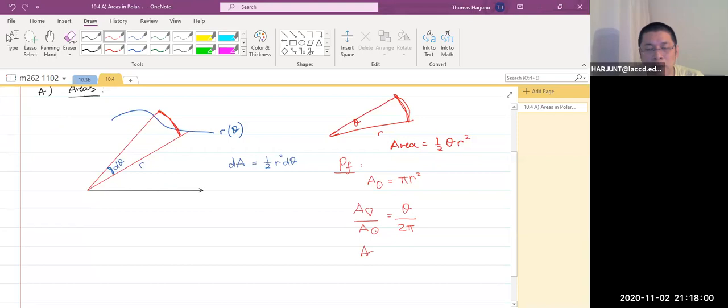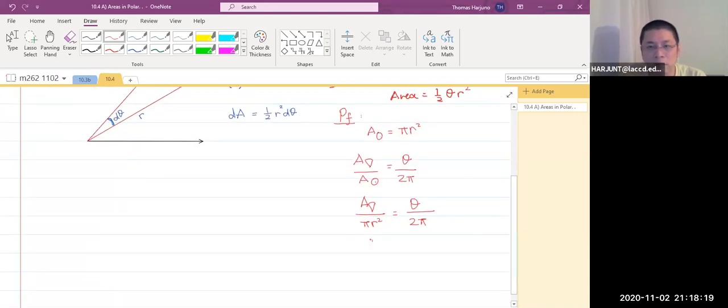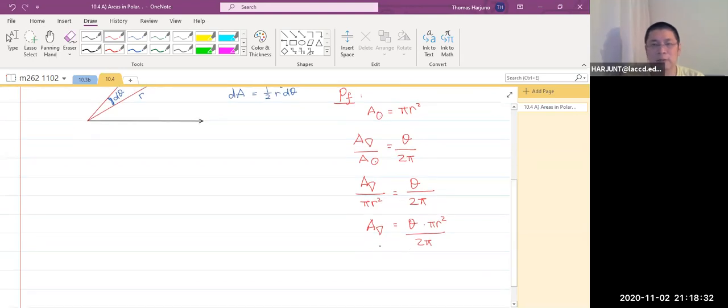So area of the sector over pi r squared equals theta over 2 pi. So the area of a sector equals theta times pi r squared over 2 pi. Now you see the pi cancels, right? Area of that sector is therefore 1/2 theta r squared.